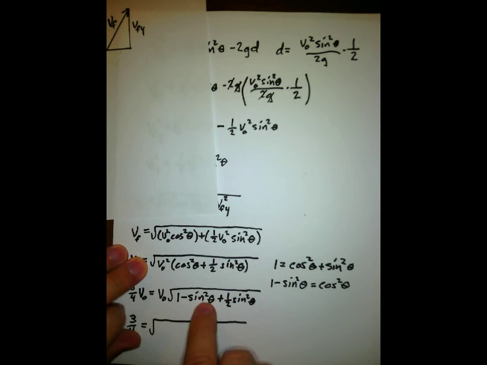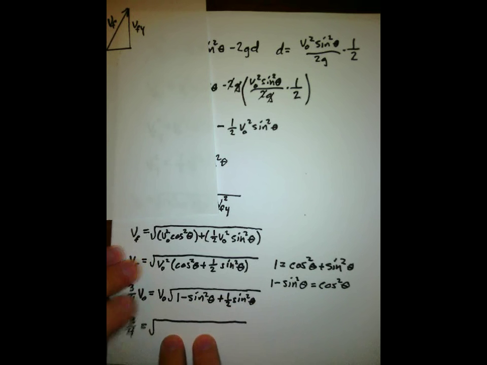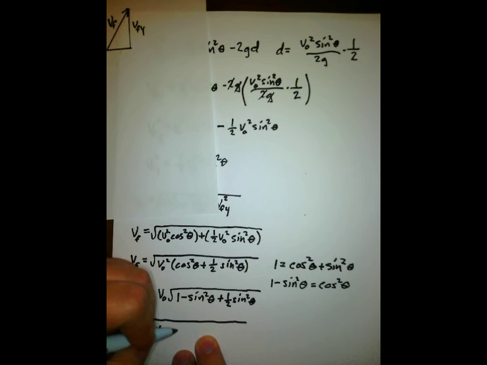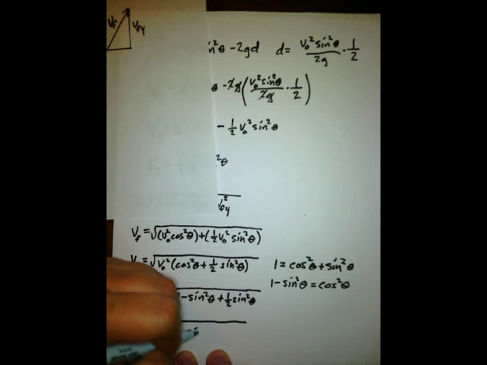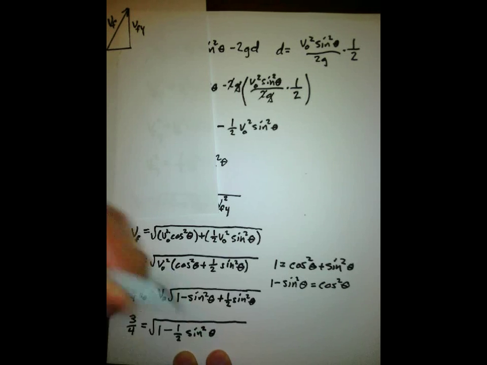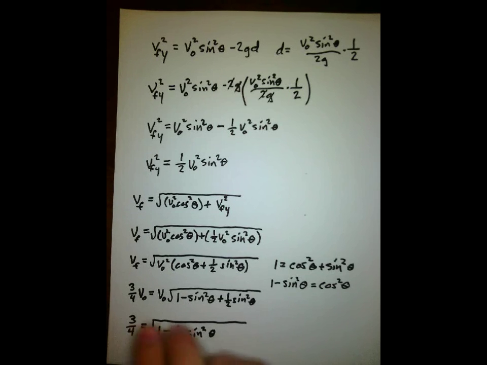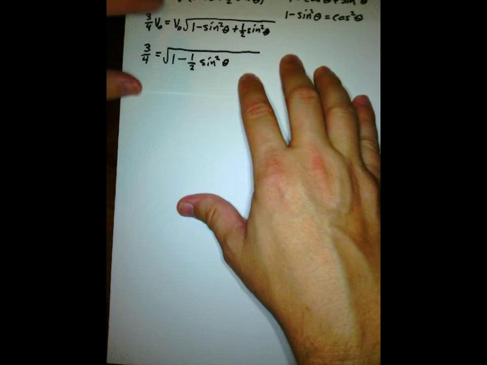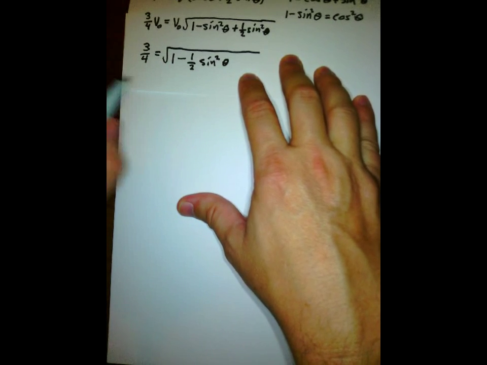Okay, here I have negative sine squared theta plus 1/2 sine squared theta, and that's going to give me 1 minus 1/2 sine squared theta. Okay. Next step. Let's square both sides.